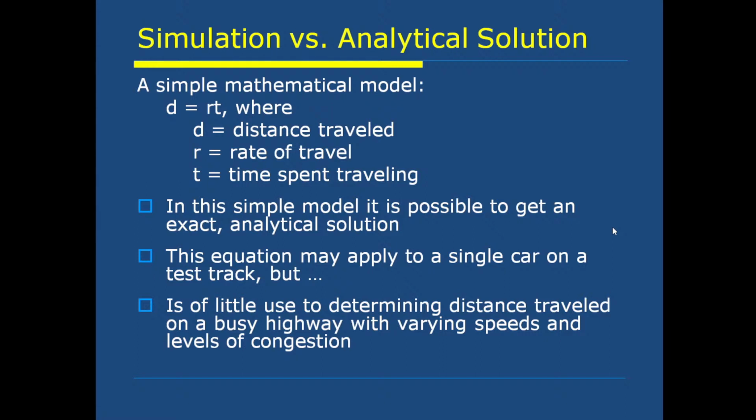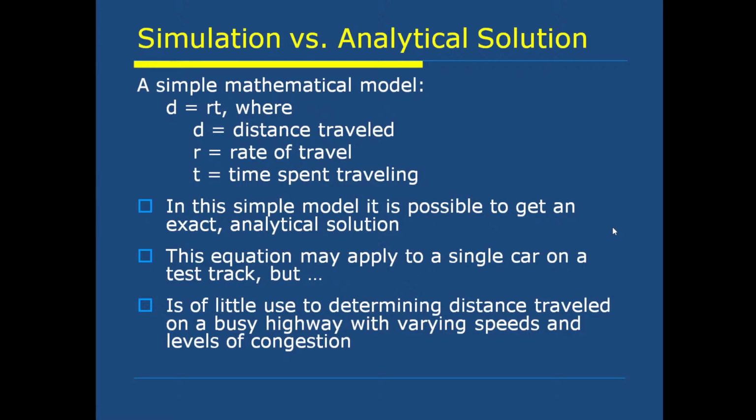For example, we get a simple mathematical model for travel distance, which we can depict using the equation d, distance traveled, equals r, rate of travel, multiplied by t, time spent traveling.